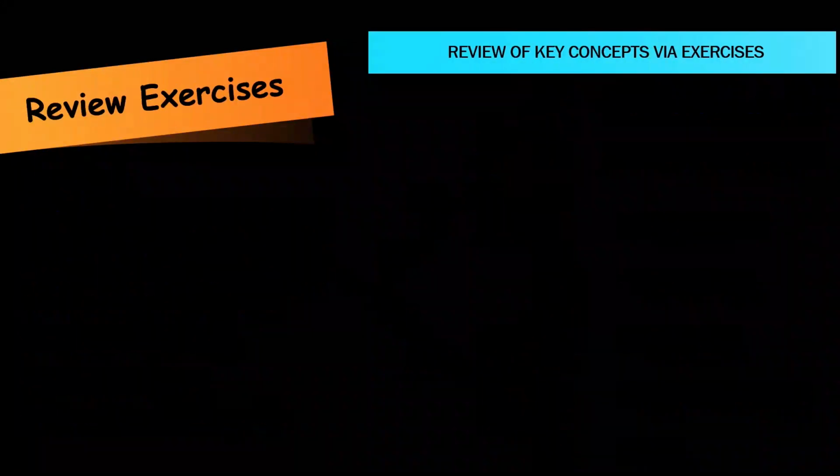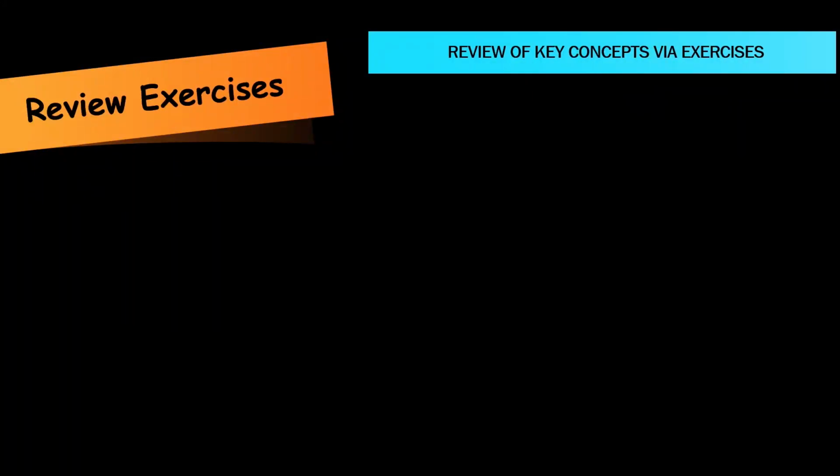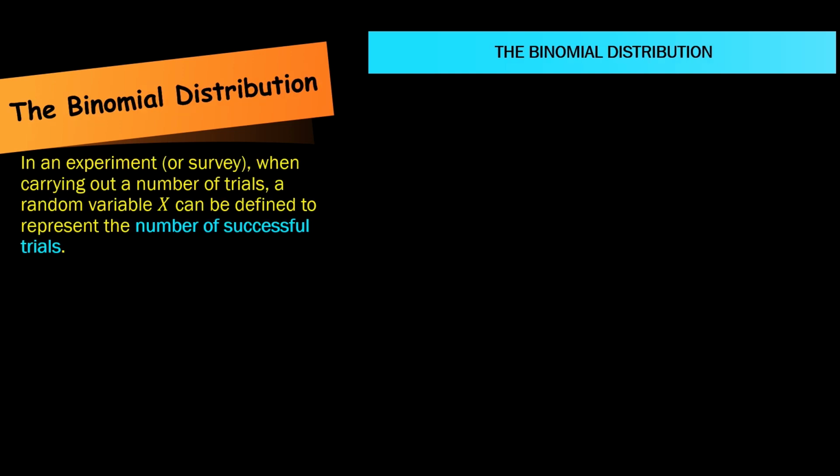Before attempting the next exercise, we're going to take a look at some theory which will help us to solve it. In an experiment or survey, when carrying out a number of trials, a random variable x can be defined to represent the number of successful trials.